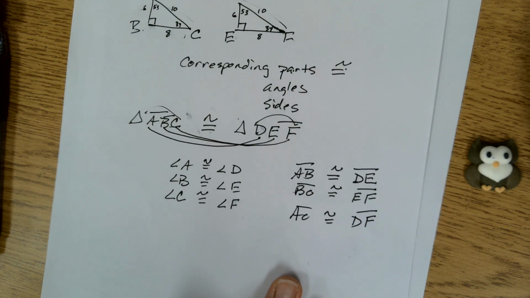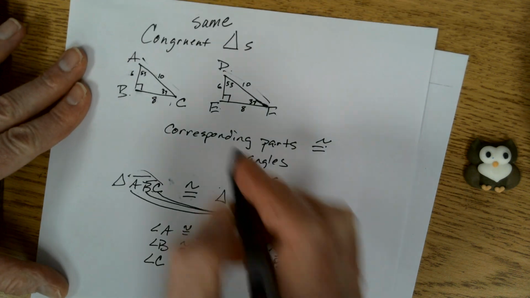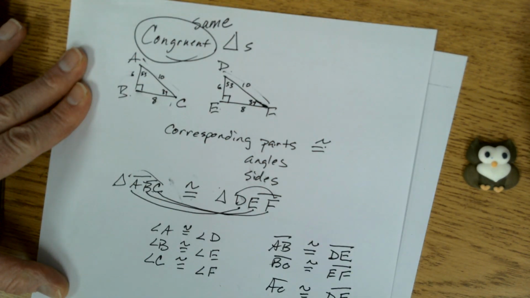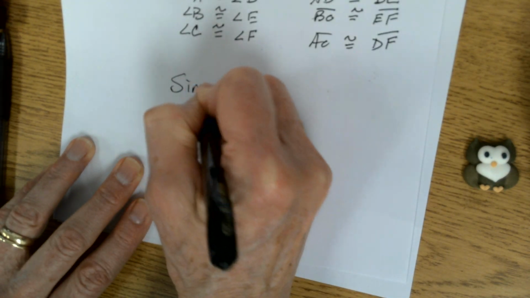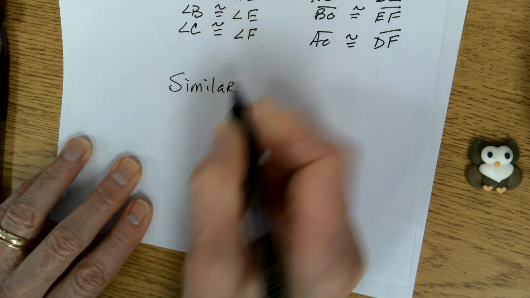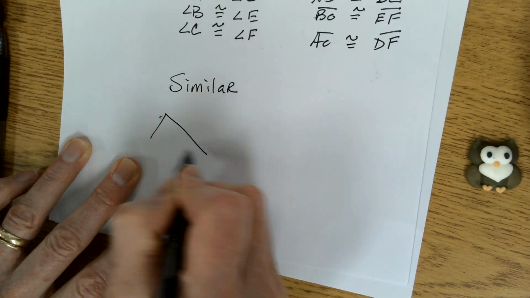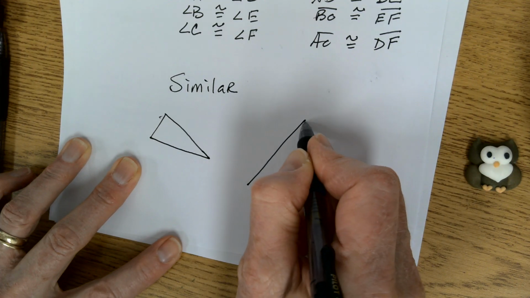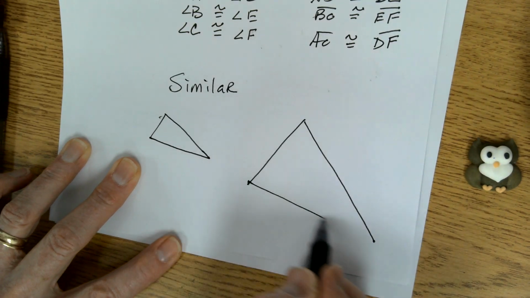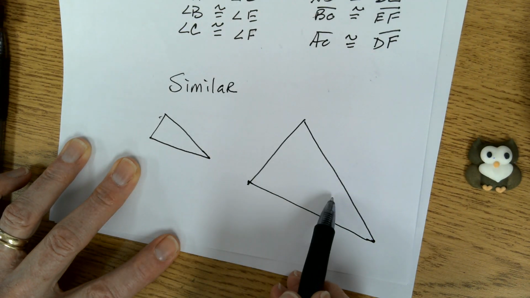What we're going to do today, instead of talking about two being congruent, the whole lesson is based around two polygons that are similar. Now, similar means I could take one and enlarge or reduce it, but it's supposed to be exactly the same shape.